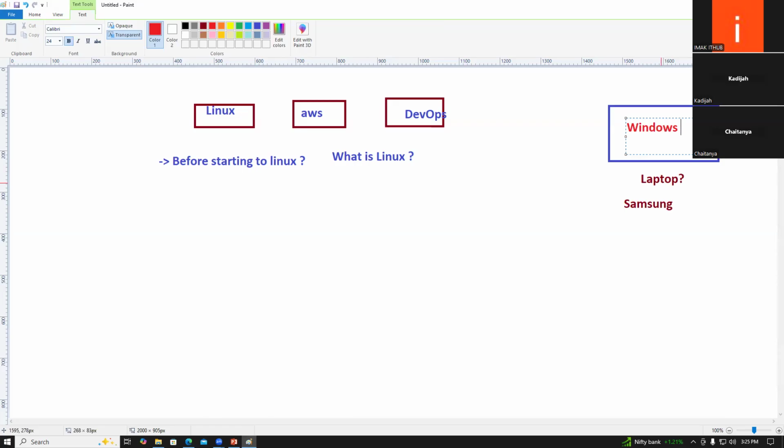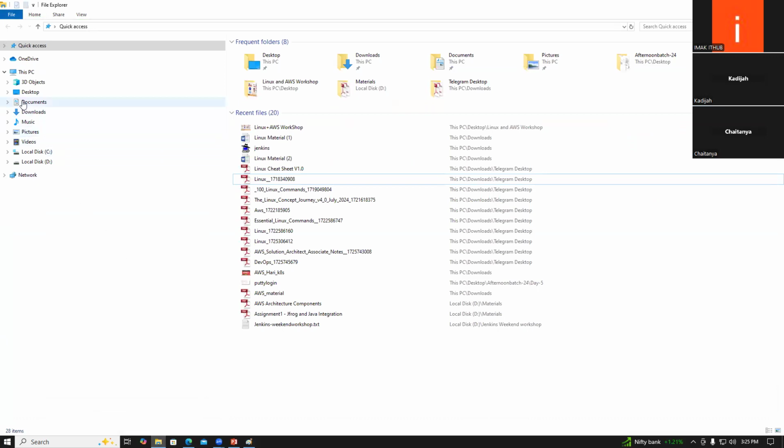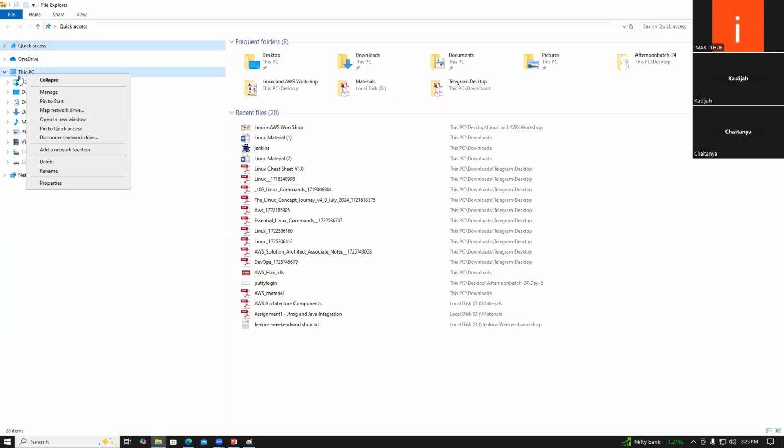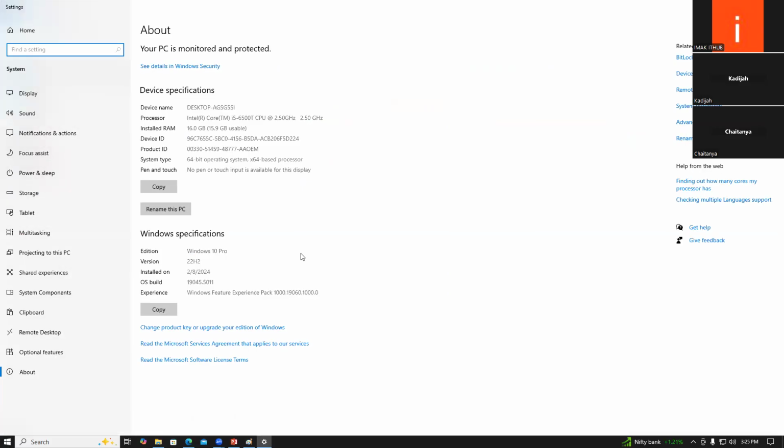Which version? 1, 2, 3, 4, 5, 6 version. I'm showing you my screen. Able to see my screen, right? You right click on this PC and click properties. So I'm using which edition? 10 Pro.